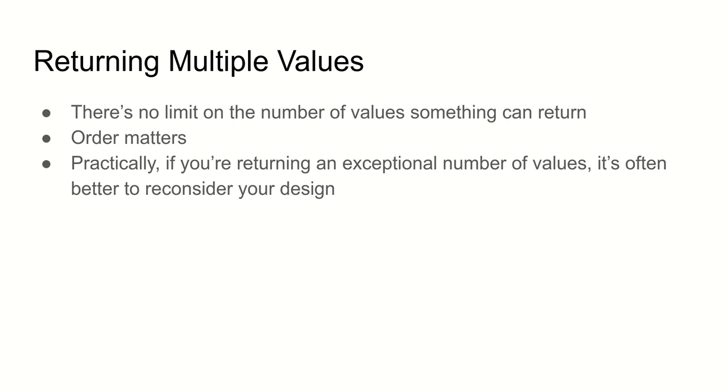In practical terms, if you're returning more than like 2 or 3 values probably, it's often better to reconsider the design of your program and maybe split it into multiple functions or create some more complex type like we'll see later in the course to be able to hold all of those different values in a way that's a little smoother and a little better encapsulated.